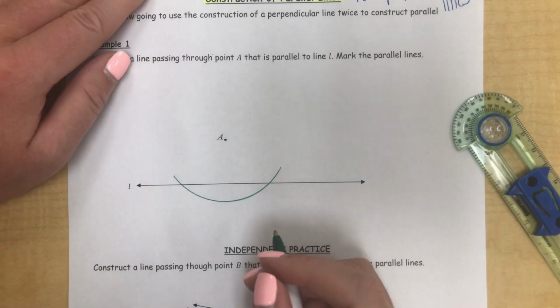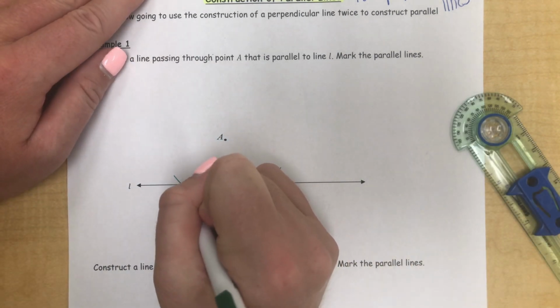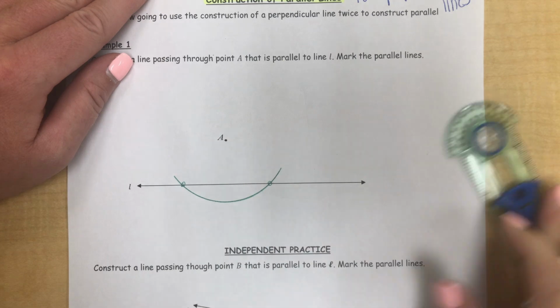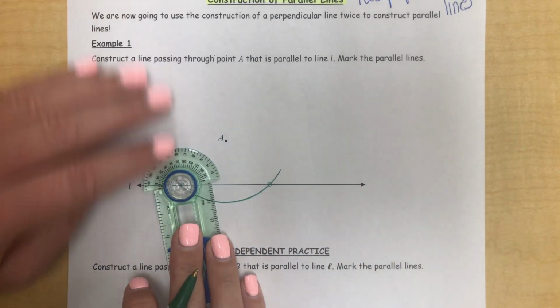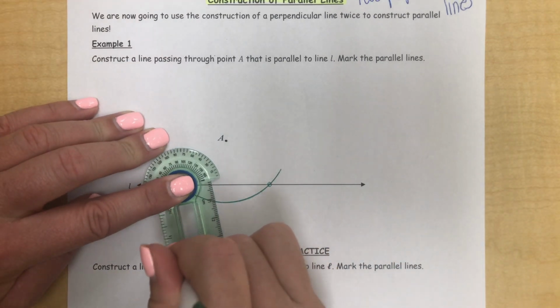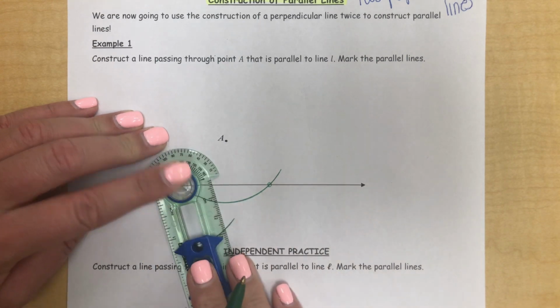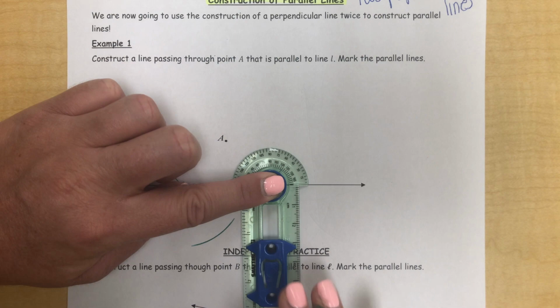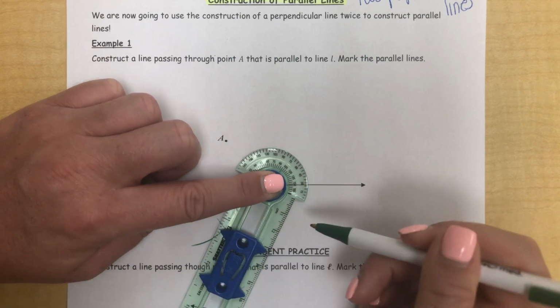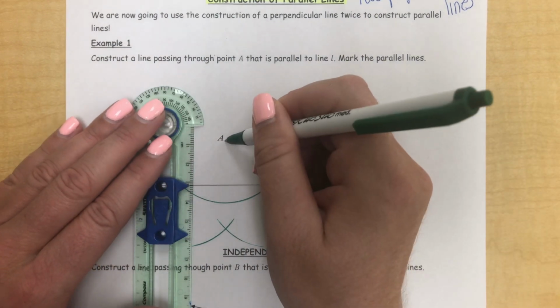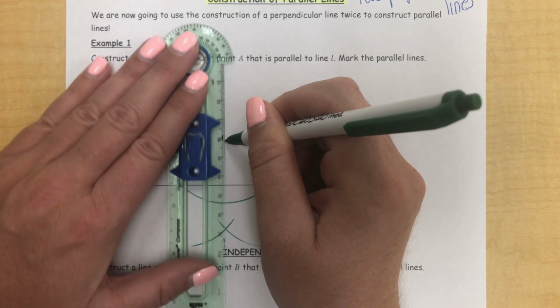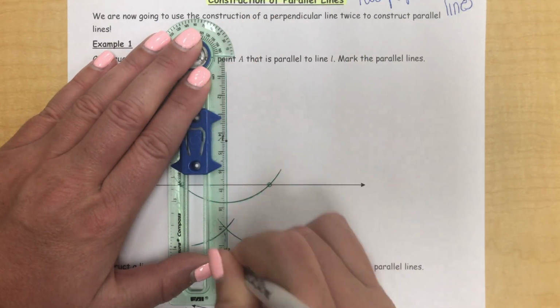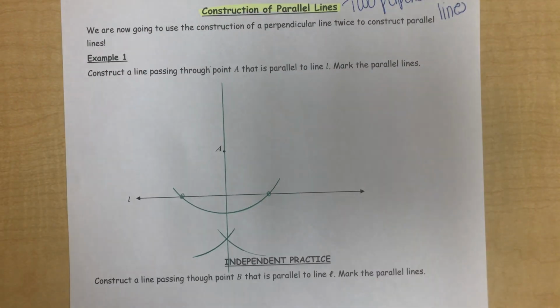So I get those 2 marks on the left and on the right. And then I'm gonna slide to the left. I'm gonna swing to get my first arc. Then I'm gonna slide to the right, swing again so I get my second arc. And then I'm gonna go ahead and connect point A to where my arcs are intersecting. That's gonna be your first step.